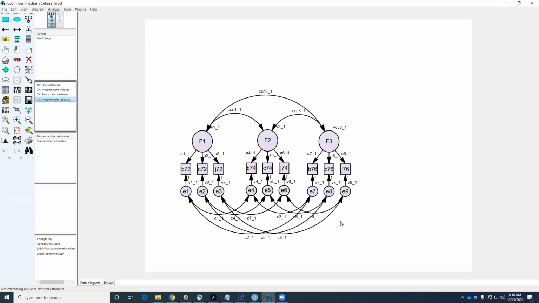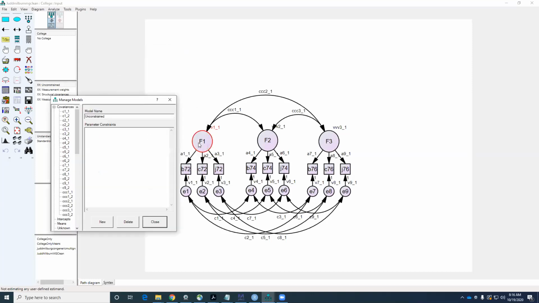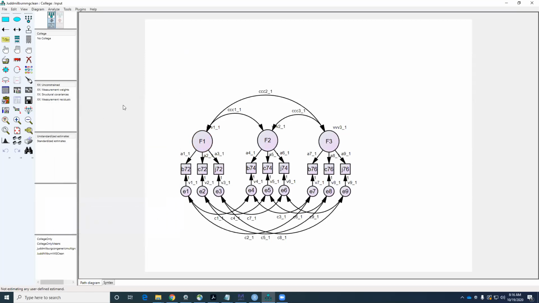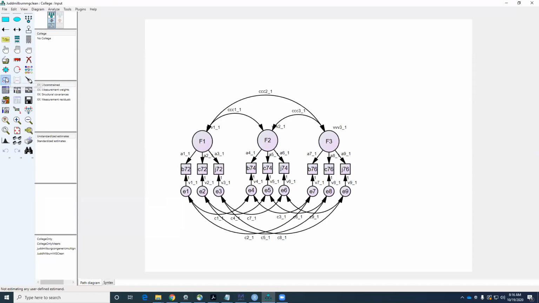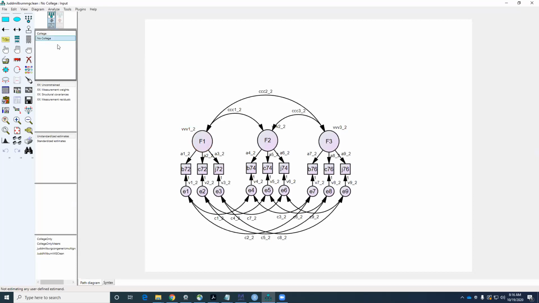So let's get this program into a form that it can run. Well, in order for us to do that in the unconstrained model, I'm going to have to say across both of these groups that the factor variances are going to be equal to 1 in group 1 and group 2, because in this model, move it over here, this factor variance is freely estimated, and in the non-college group, that factor variance is freely estimated.